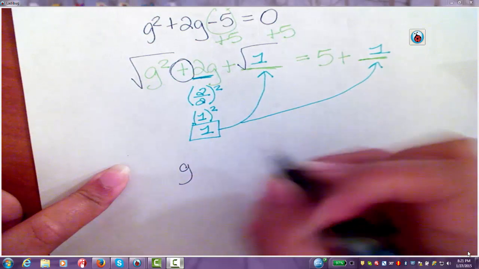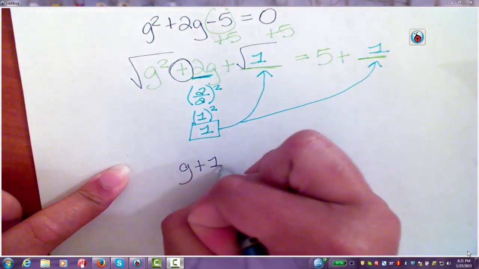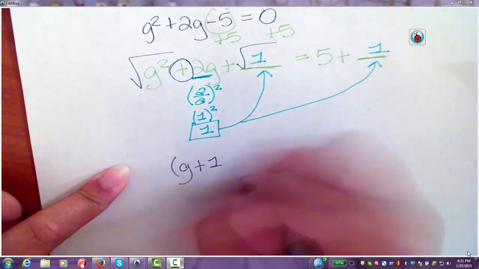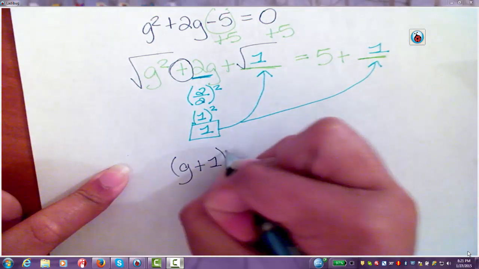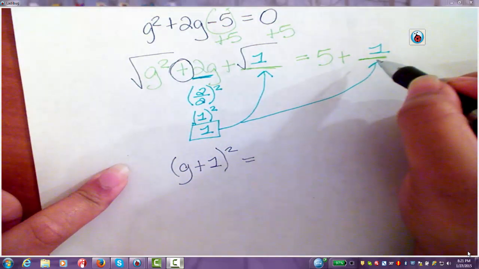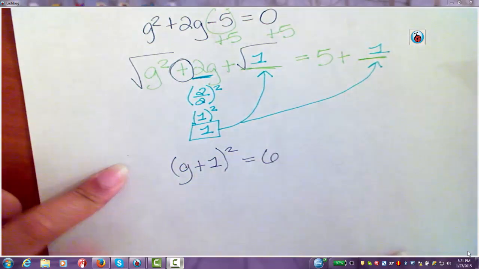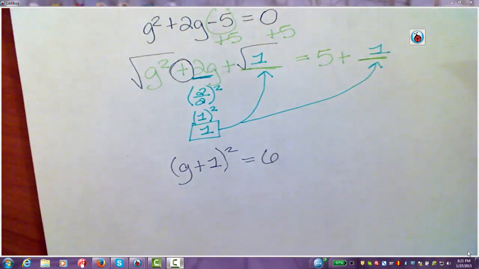We keep the sign, and the square root of 1 is 1. So we get the quantity g plus 1 squared equals, and then we combine our terms over here, so 5 plus 1 is 6. So we get the quantity g plus 1 squared equals 6.